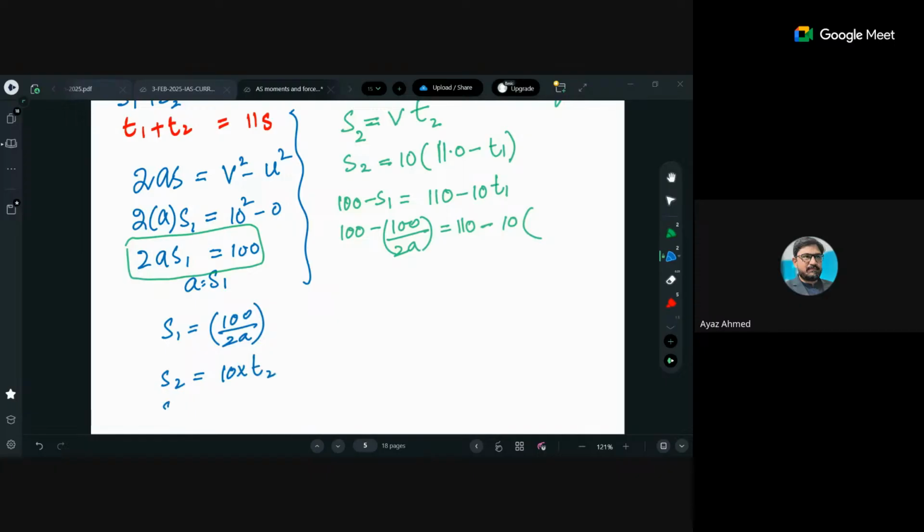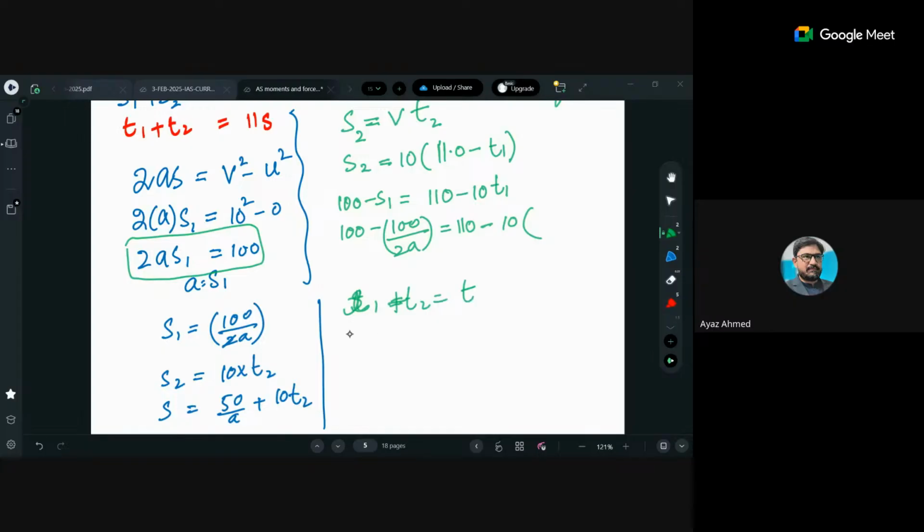So S is equal to 50 by A plus 10 T2. This is equation number 1. And then let's make an equation of the time, because time is also given to you, that T1 plus T2 is equal to total time.